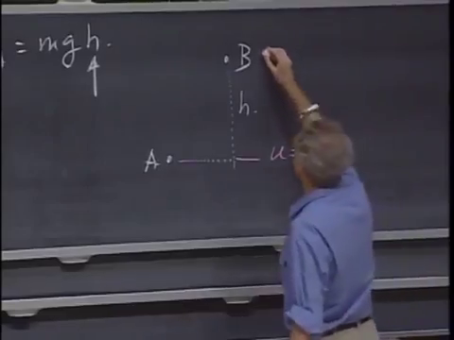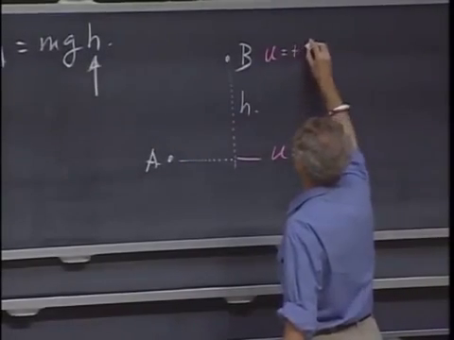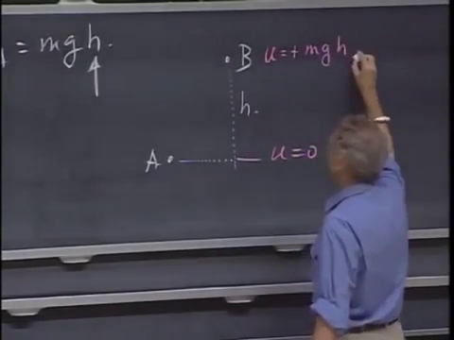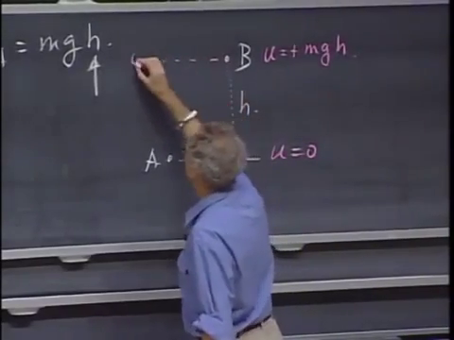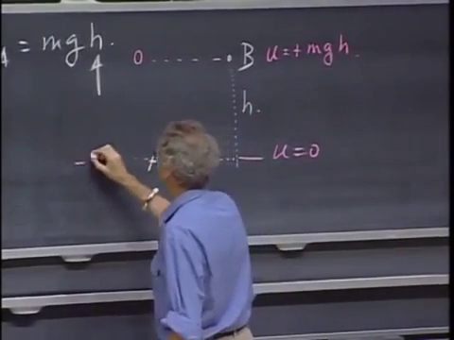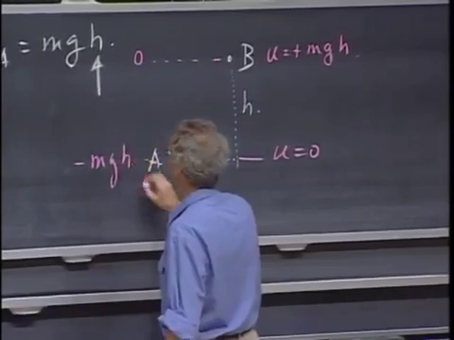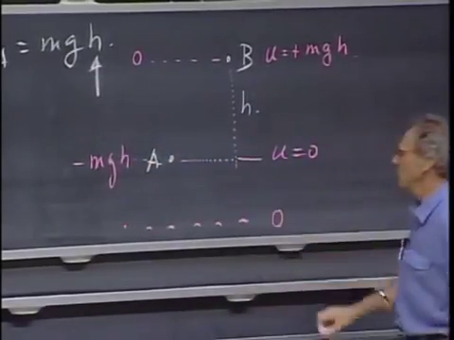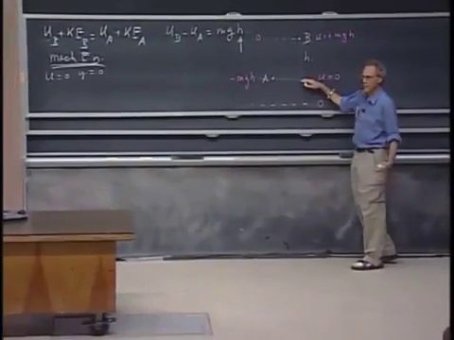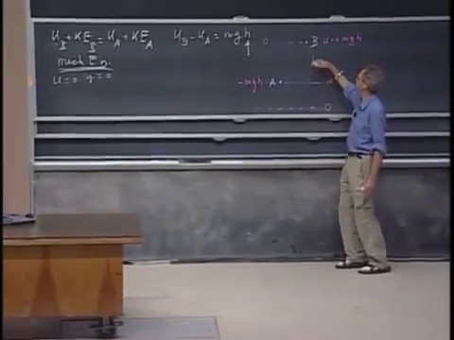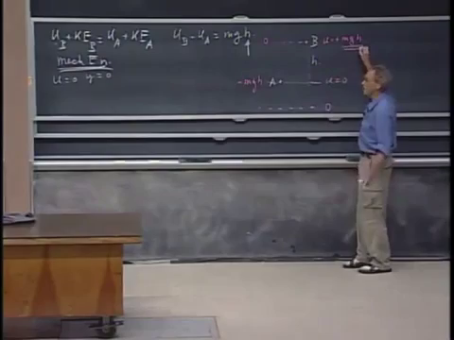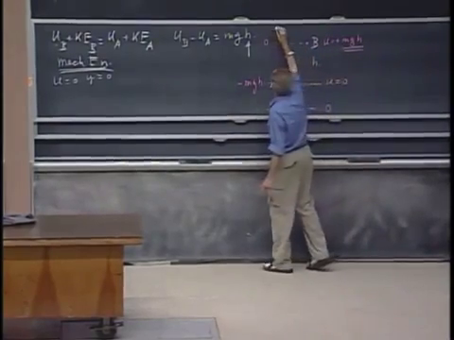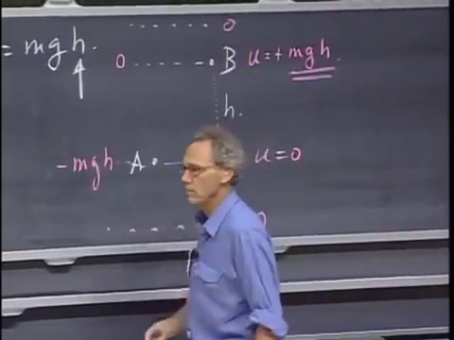Then you would have to call this one plus mgh. If you say, no, I don't want to do that, I want to call this 0, that's fine. Then this becomes minus mgh. If you prefer to call this 0, that's fine too. Then this will have a positive gravitational potential energy, and this will have one that is higher than this one by this amount. If you say, really, I like to call this 0, of course the same holds.